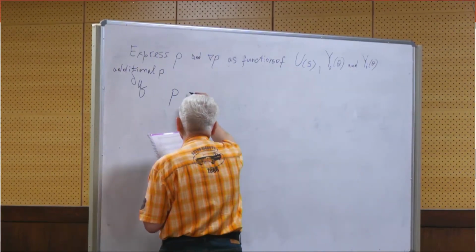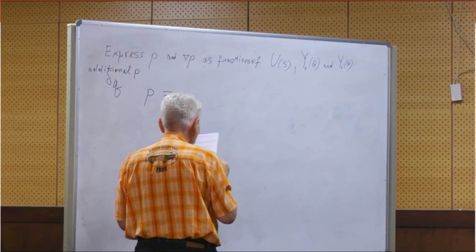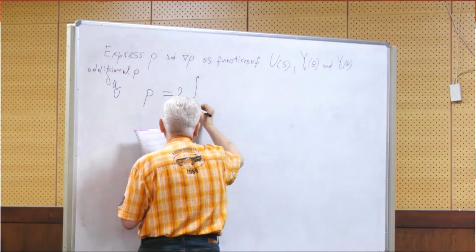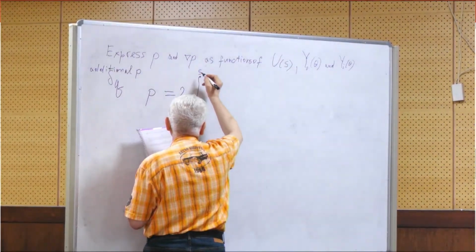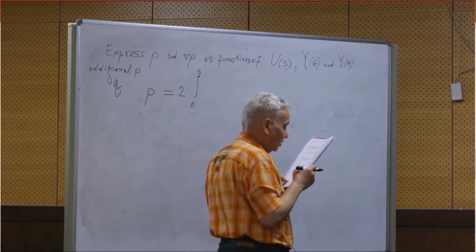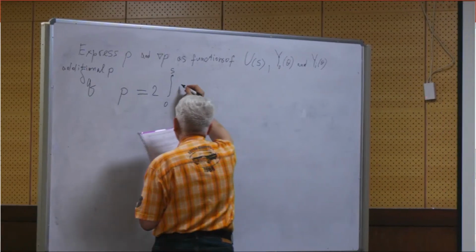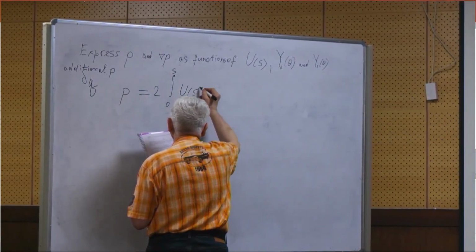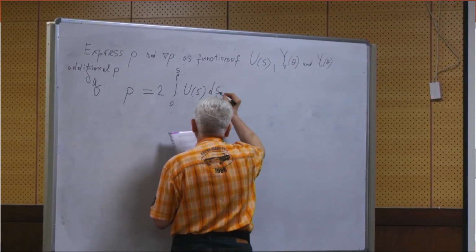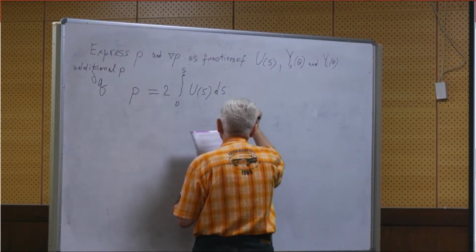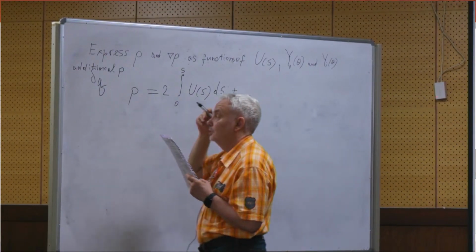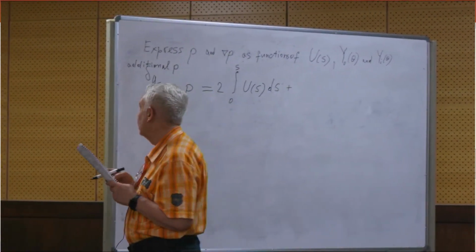And to get the P itself, not the pressure gradient, we should take the integral from 0 to S, where S is the cylindrical radius, of U S ds, of course, and this addition of this, maybe it's better to say shear layer.